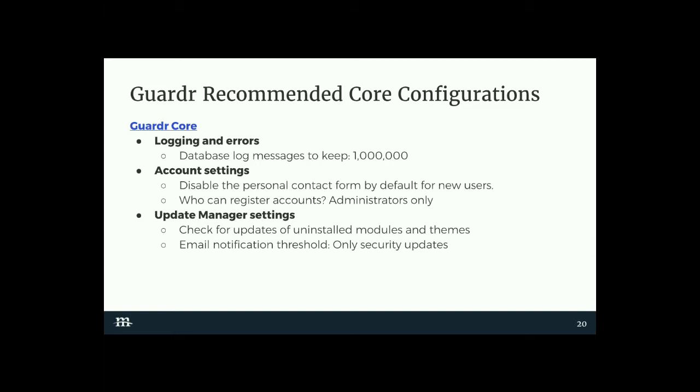Just because the module is in your code base and not enabled does not mean there could not be a vulnerability down the road that could be used. We're also setting the email notification threshold, as a start, to only security updates. This is something that could be changed. All these settings could still be altered afterwards and saved to config. If somebody needs to make changes on top of this, that's fine.